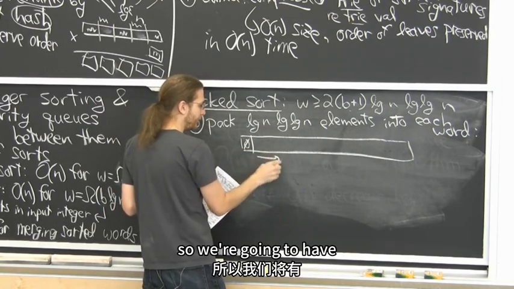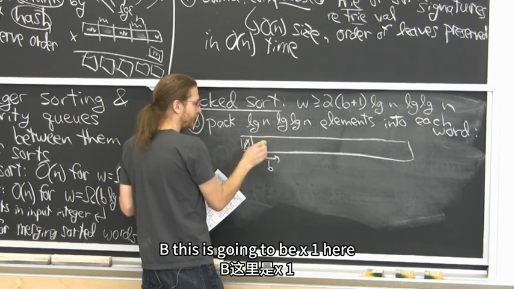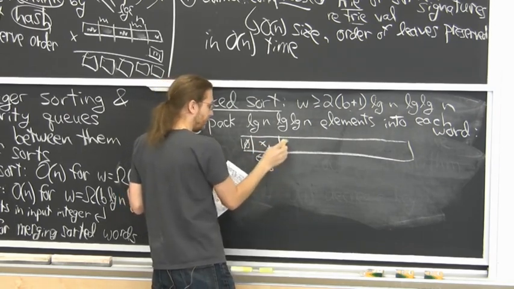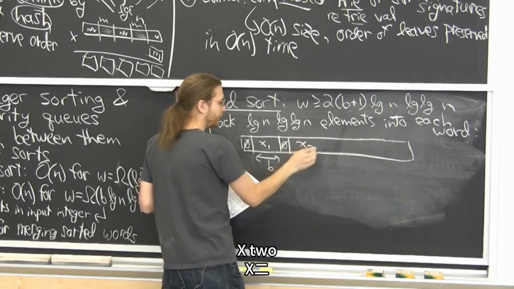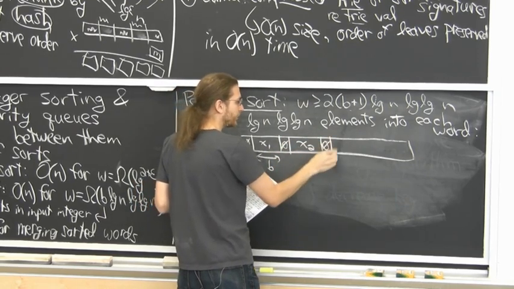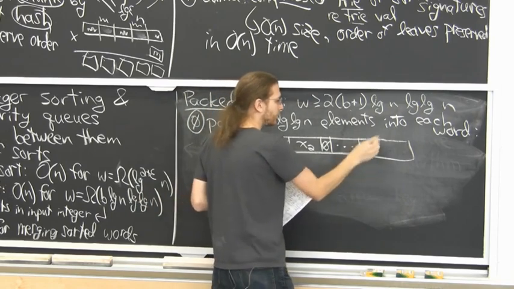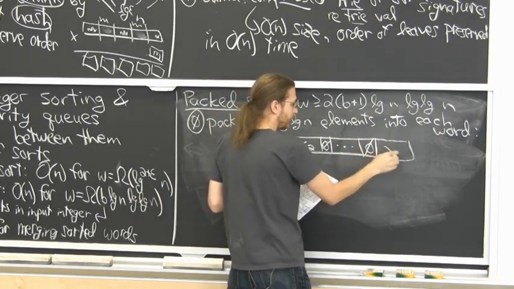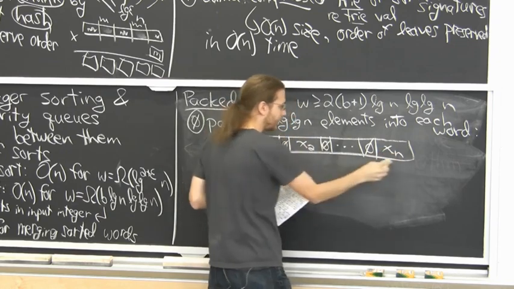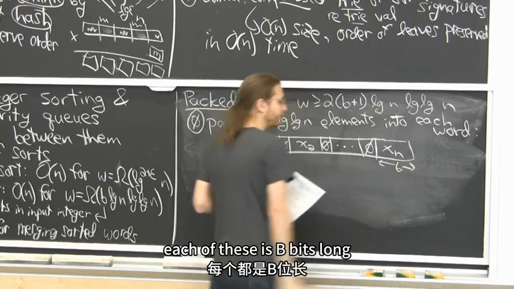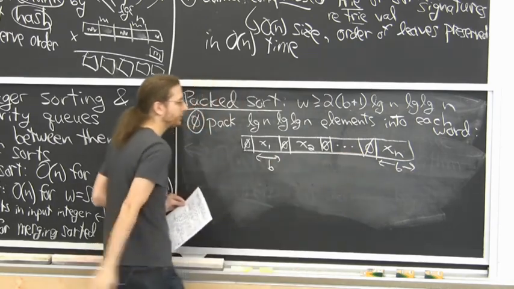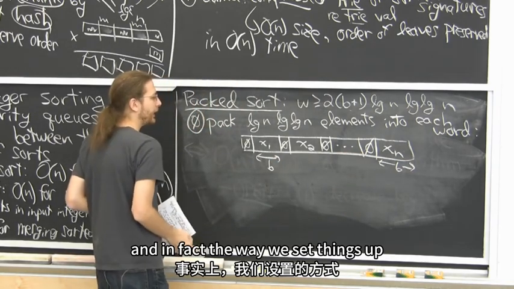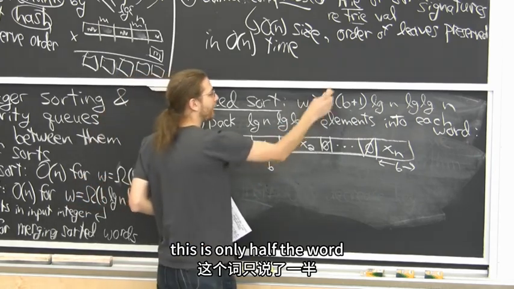So we're going to have B, this is going to be x1 here, x2, xn. Each of these is b bits long, and then we have one more bit. And in fact, the way we set things up, this is only half the word.